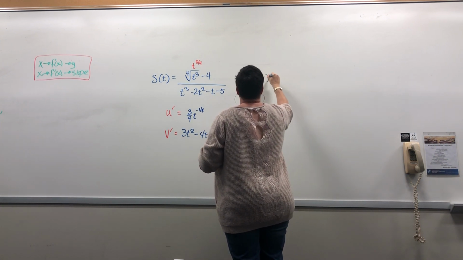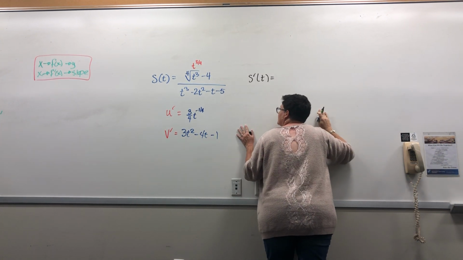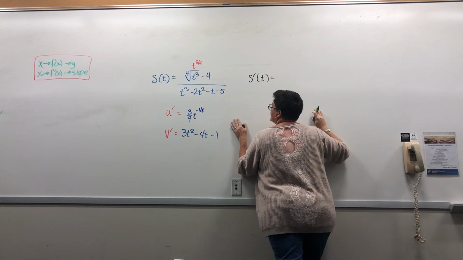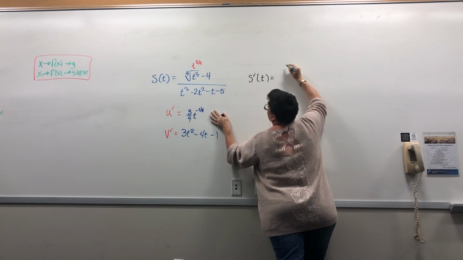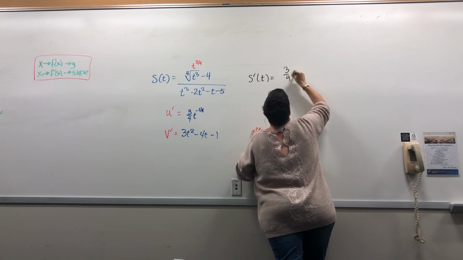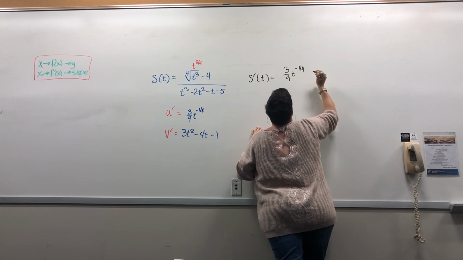S prime of t equals, I'll move so that you guys can all see it. U prime is -1/4.